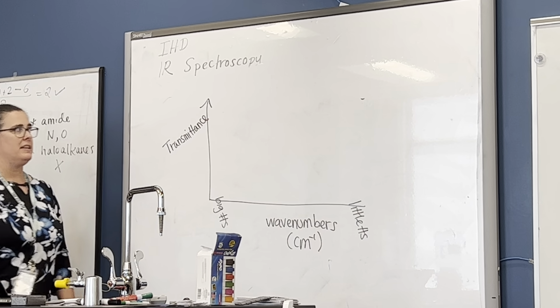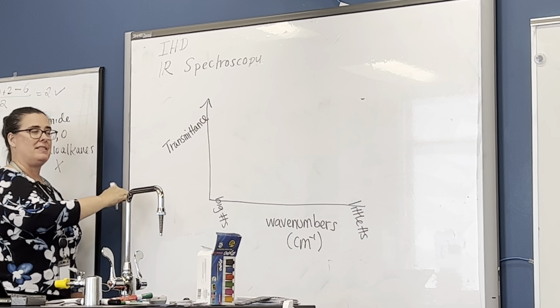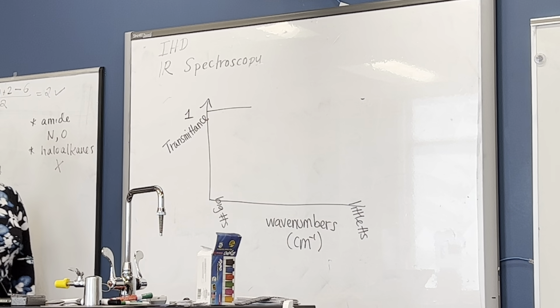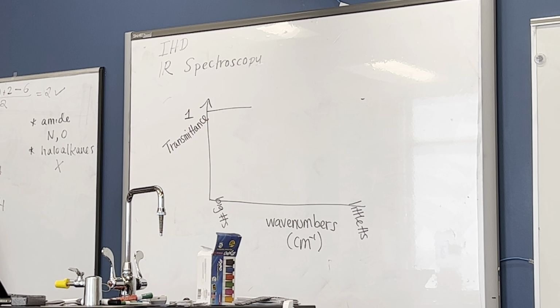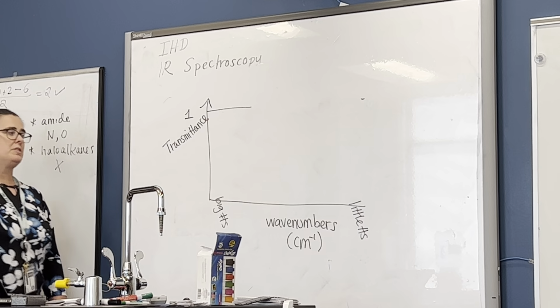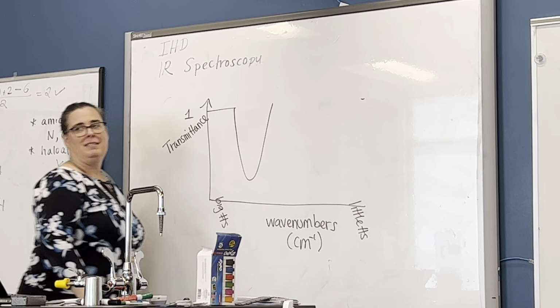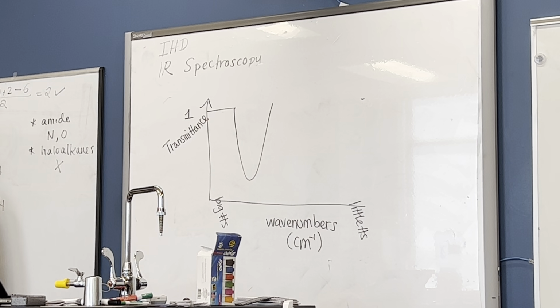And if there is nothing that absorbs, the transmittance will be either 1 or 100%. There is nothing there. But if we find an absorber, not all of the light will go through. And so you will see what we lovingly call a peak.